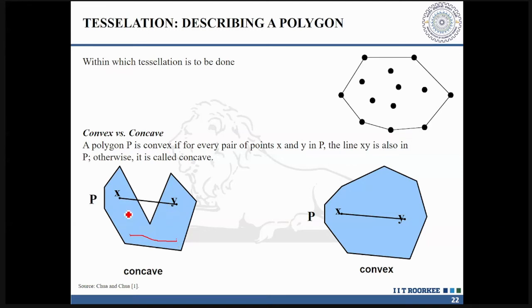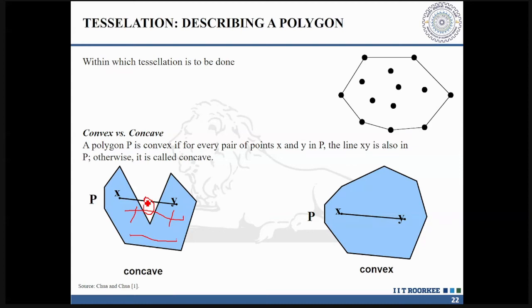Now, if I take one point over here, another point over here, and join them with a straight line, some portion, like this portion, is lying inside the bound of the polygon, and there will be some portion of the line lying outside that polygon. If this kind of situation arises, that kind of polygon is called a concave polygon.